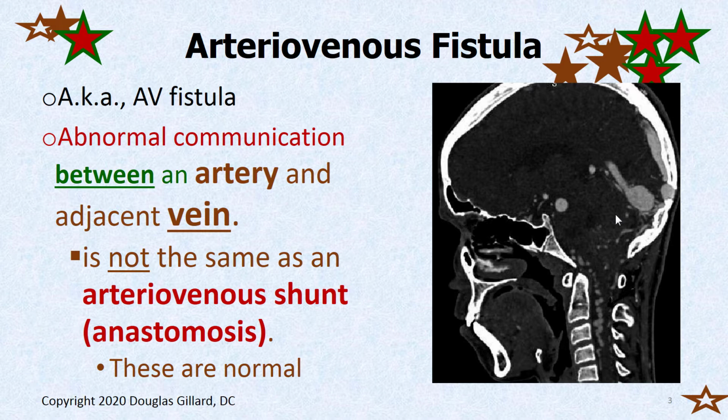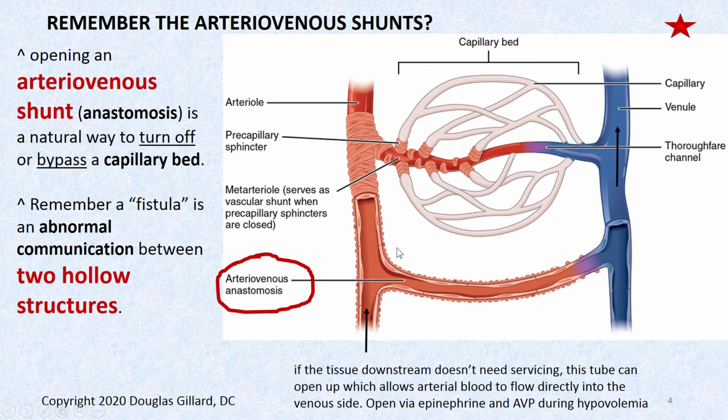This is not the same as the arteriovenous shunts or the arteriovenous anastomoses, which are normal. Those are a part of capillary systems. An AV fistula is a pathology. You're not supposed to have these things. Remember, the AV anastomosis is right here. Usually, it depends on the state of the tissue here.